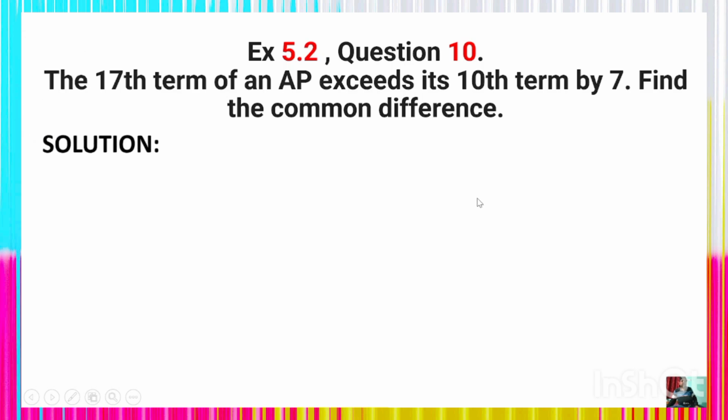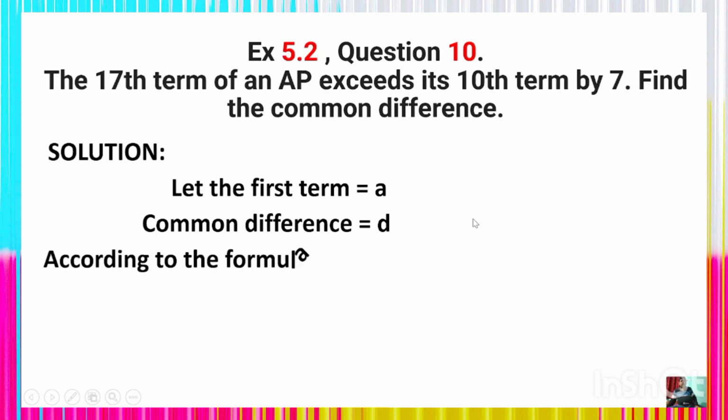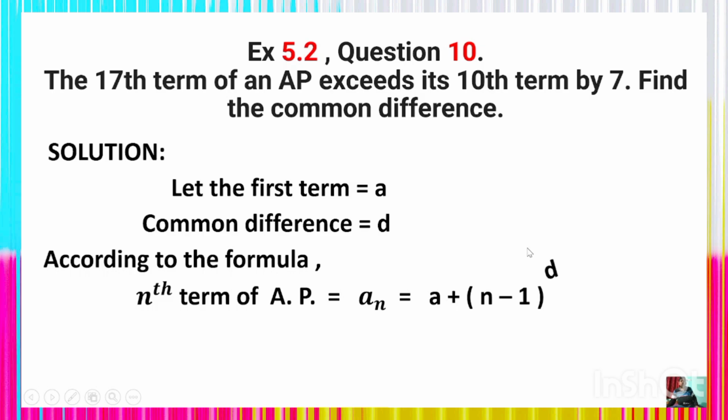Look at the solution here. Let the first term of the AP be a and the common difference be d. According to the formula, the nth term of the AP, an, is equal to a plus (n minus 1) whole into d.